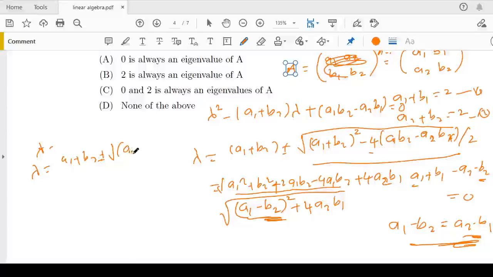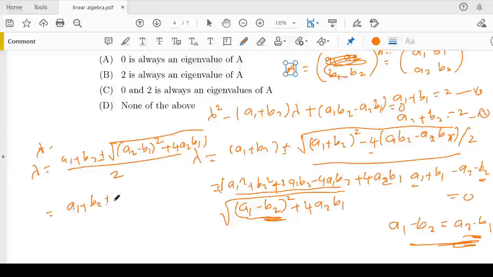Therefore (a2 minus b1) whole square plus 4a2 b1, all divided by 2. This value equals a1 plus b2 plus or minus the square root of (a2 plus b1) whole square, all divided by 2. This is plus or minus 1.